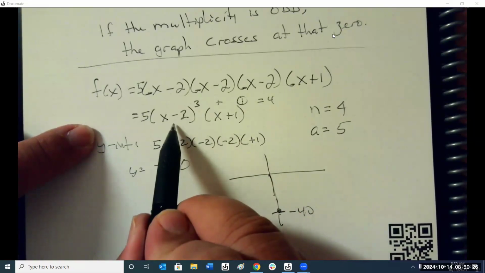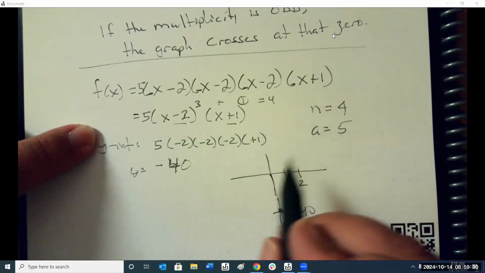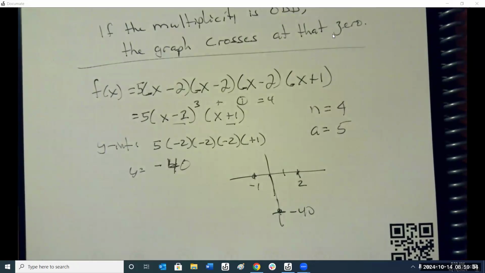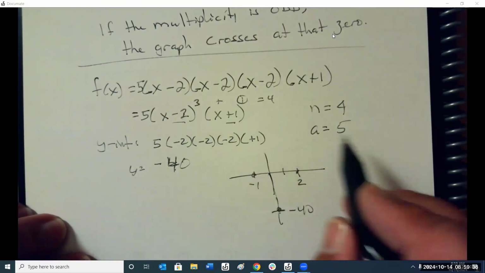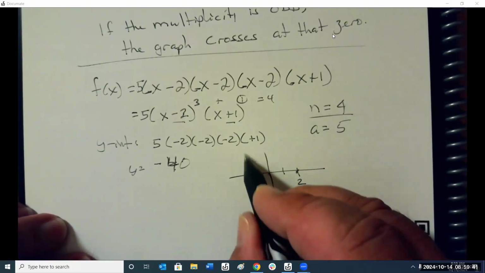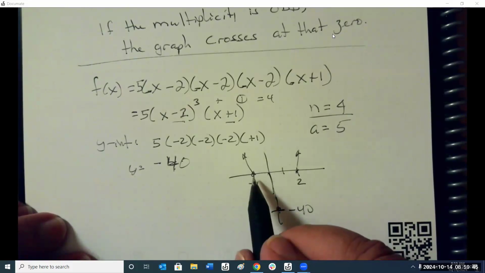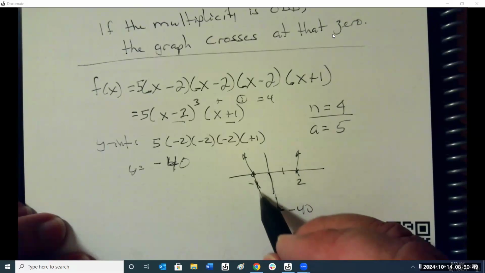The x-intercepts are at +2 and at -1. They're both odd. Okay, the n is 4, so we know that both ends point up. And at the intercepts, since they're both odd, the graph crosses.